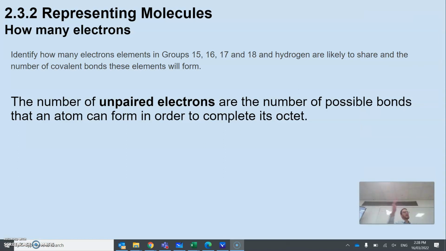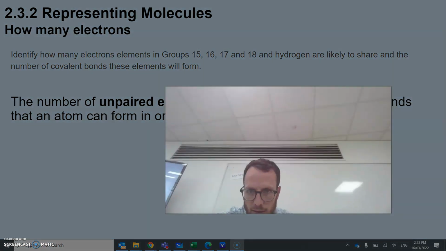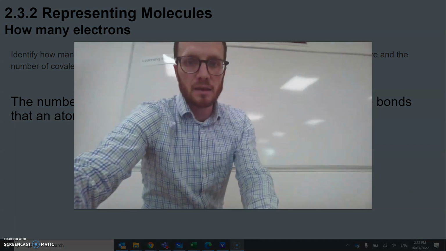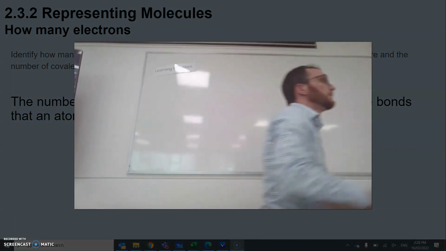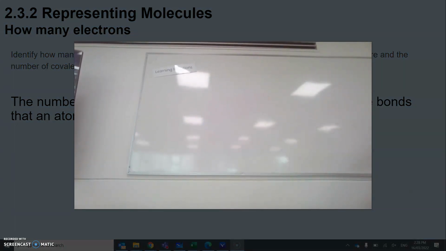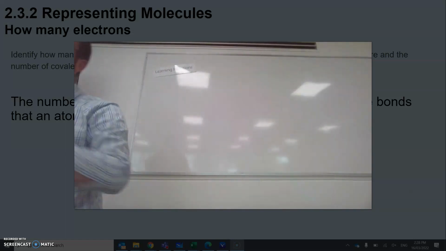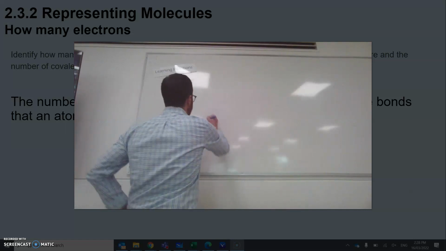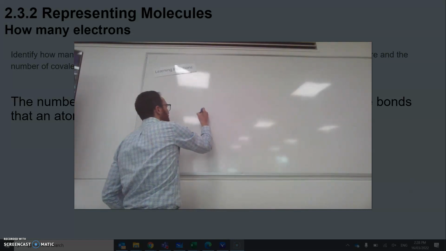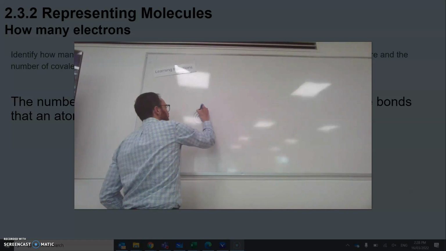Right, so if we go back, for a moment, I'll blow this up so you can see me and the board. Go right back to one of our first lessons, where we started looking at the Bohr models of an atom. If we look at something like the Bohr model of carbon, it had 2 in the first shell, and then it had 4.